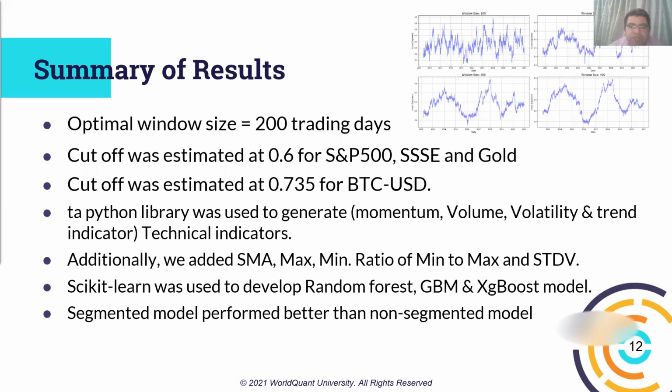Scikit-learn was used to develop the machine learning random forest, GBM and XGBoost models. We found also that the Hurst exponent based segmented approach modeling results in higher gain than the non-segmented approach in 4 out of 6 for S&P 500, 5 out of 6 for gold, and 3 out of 3 for Bitcoin.